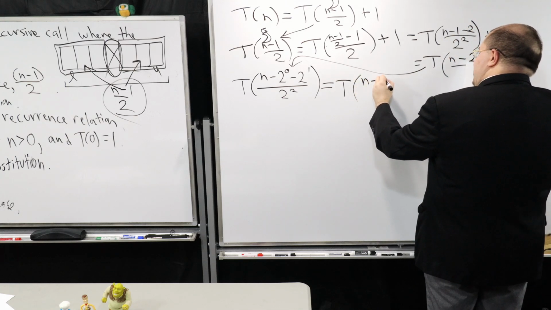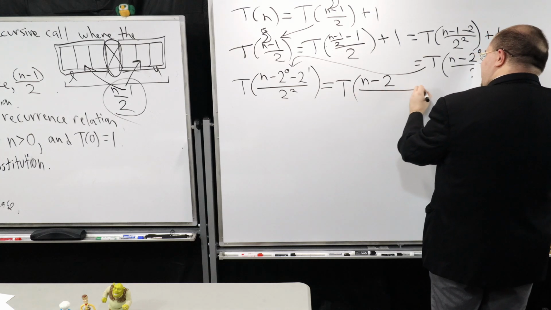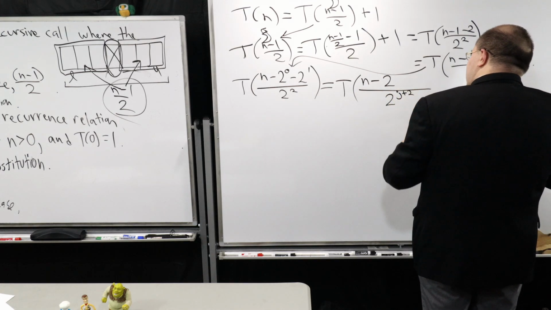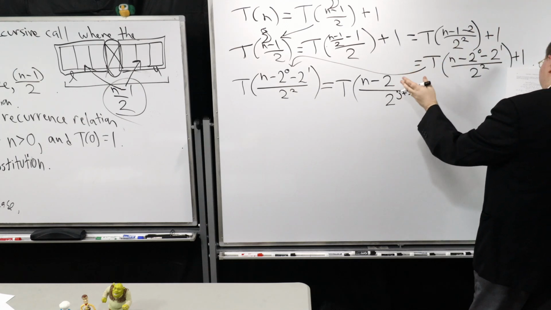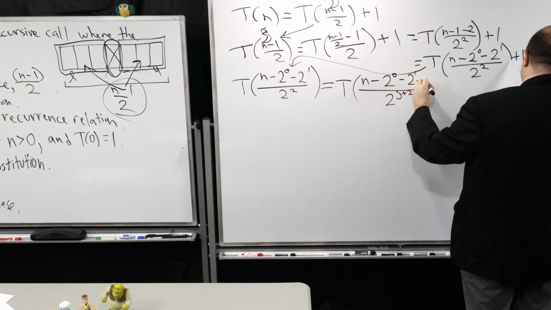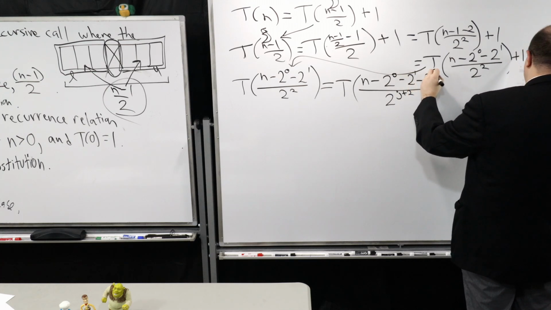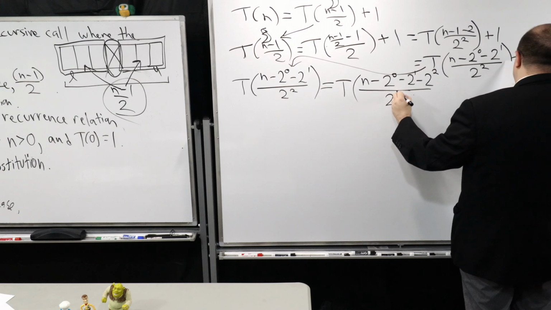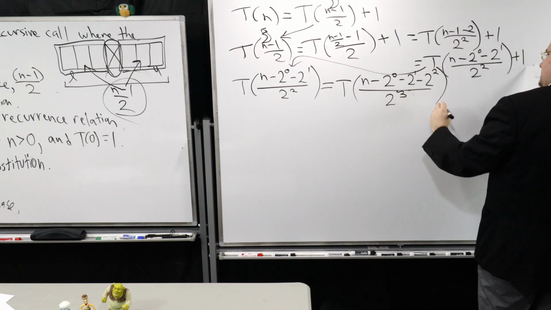If I simplify this out, I'm just saving us some time here. It'll be n minus 2 to the power 0 minus 2 to the 1 minus 2 squared over, instead of j plus 2, I haven't quite got there yet. I want to figure out a pattern here.